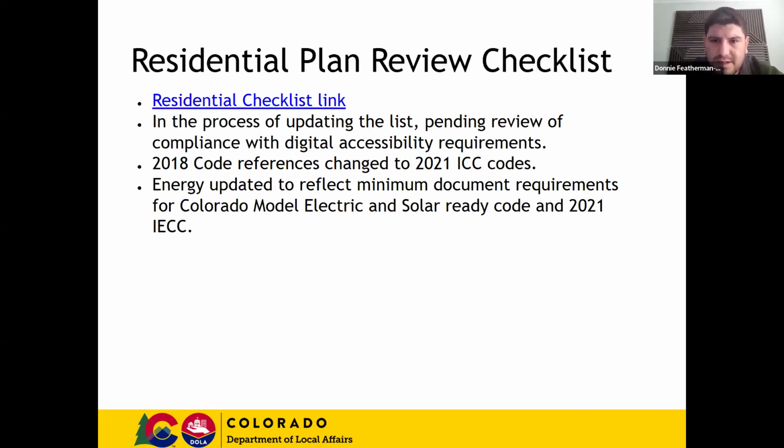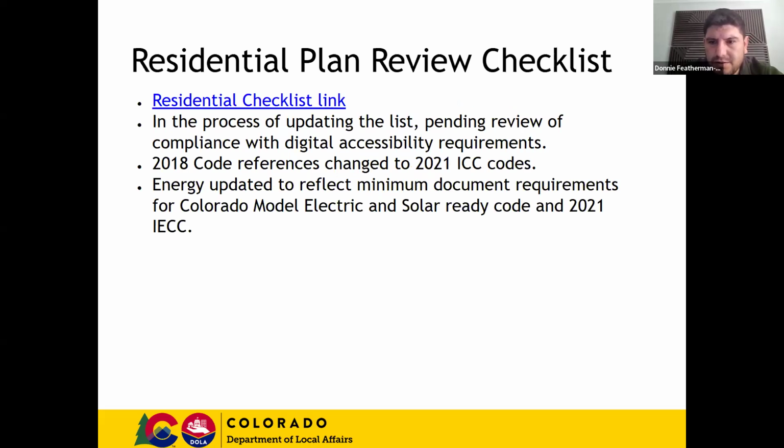All right, if you look at this slide here, we should be able to share this slide for everybody. The residential plan checklist is highlighted here because it's linked to our current checklist. That is being updated at this time with new items for the new code adoptions.